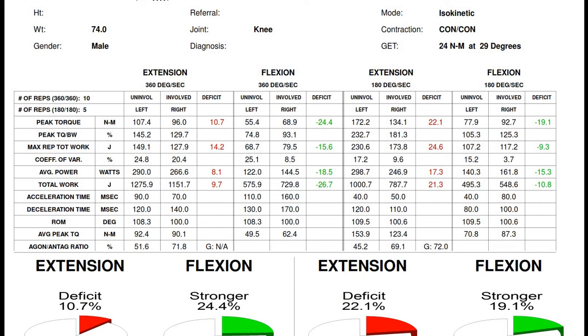I would assume, based on this, that it was because 360 degrees per second was the first test that was performed. 99 times out of 100, when someone's using the Biodex for the first time, particularly at a high angular velocity, the first 3 repetitions, instead of being the strongest, are very often some of the weakest, because you're getting a feel for the speed that you're moving at.